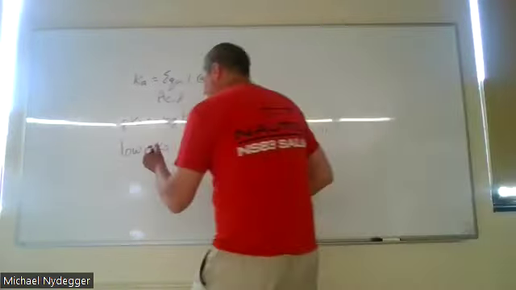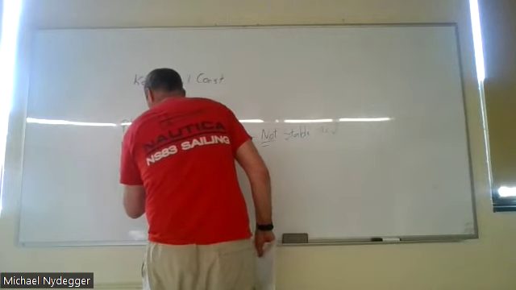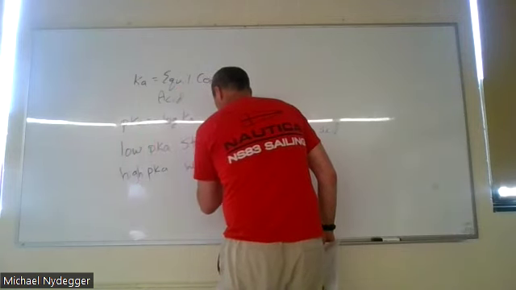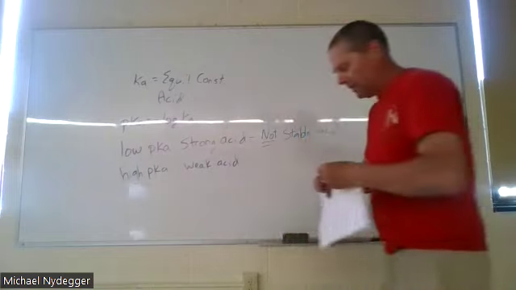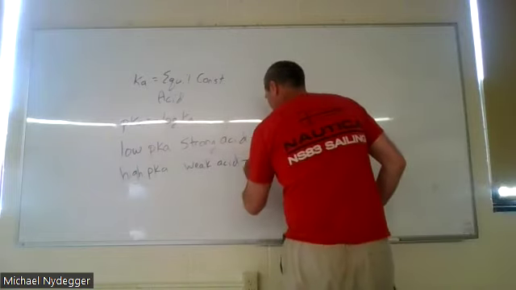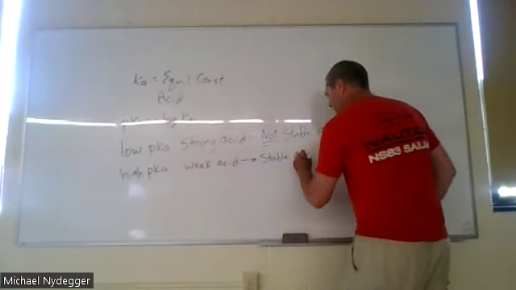If we have a high pKa, this is a weak acid. And what that means is that it is a stable acid.